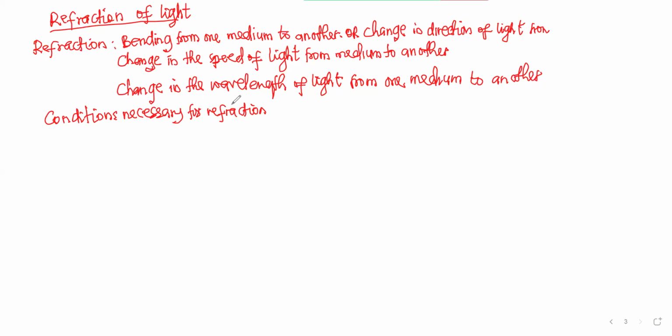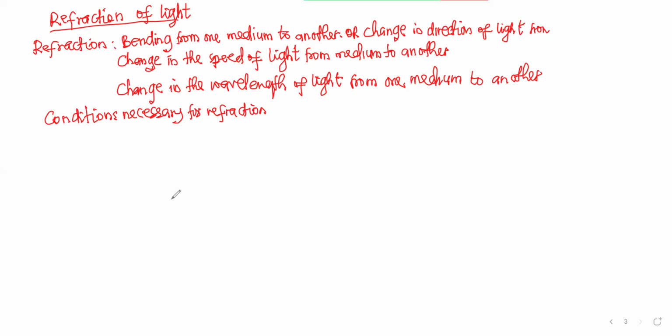Okay. Now, whenever light passes through one medium to another, and the two media have the same density, light will never bend.